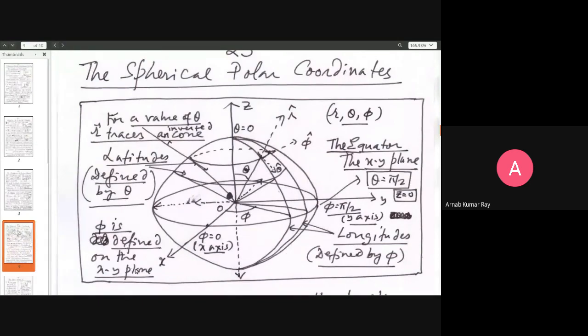Phi is defined on the xy plane. On the x-axis, phi is equal to 0. On the y-axis, phi is equal to pi by 2. On the xy plane, theta is equal to pi by 2. Starting from 0, if you come down here, you would have traversed an angle of pi by 2. And the equator is on the xy plane. So I hope you have understood this discussion.